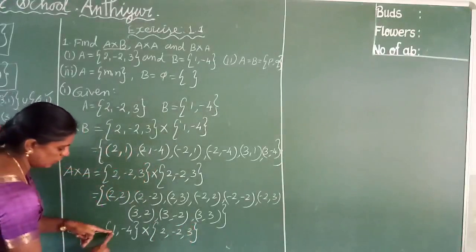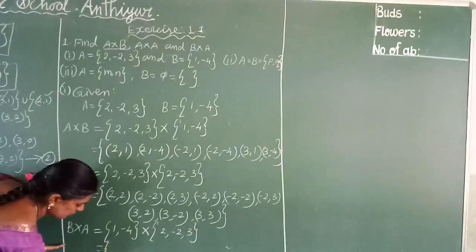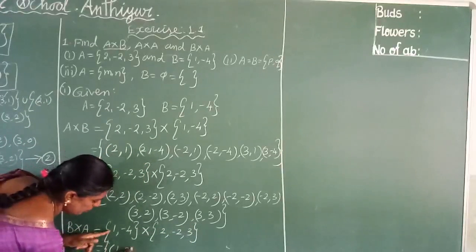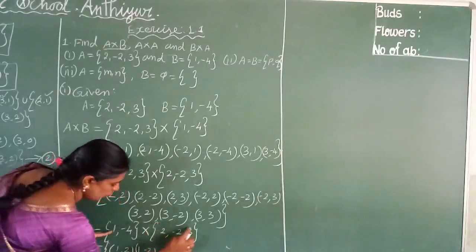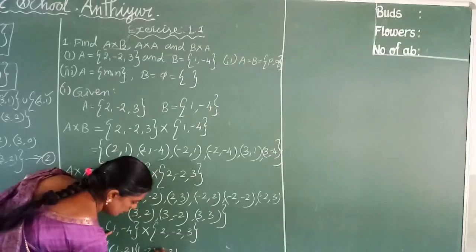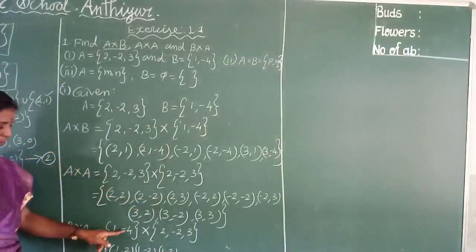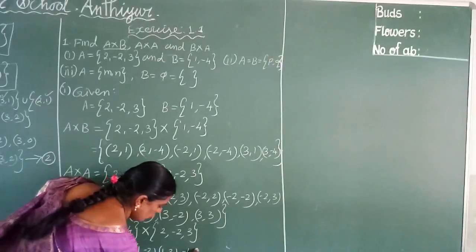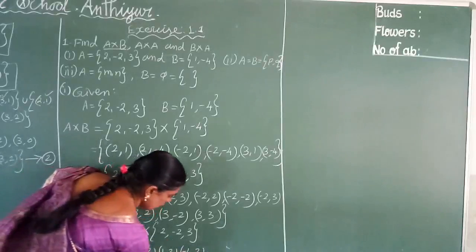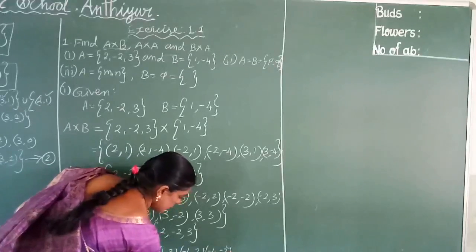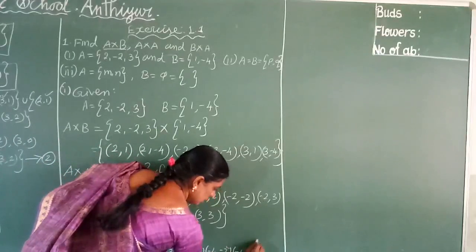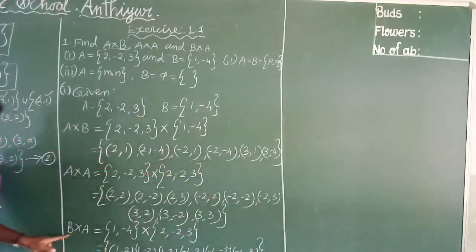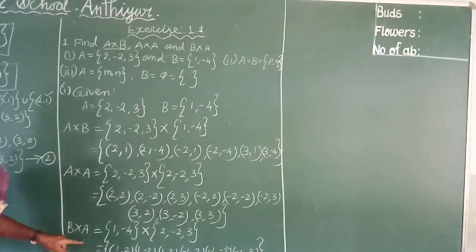So complete it: (1,2), (1,-2), (1,3). Next, the second element: (-4,2), (-4,-2), (-4,3). That is B cross A.